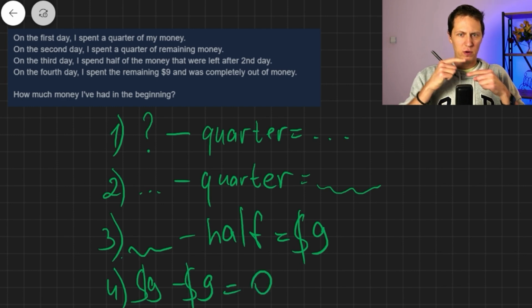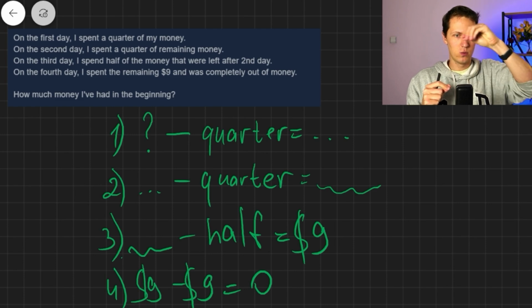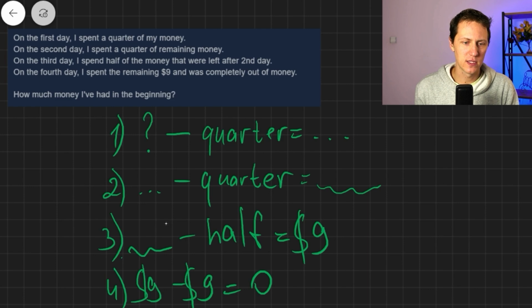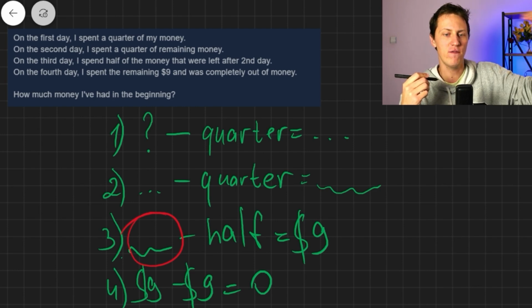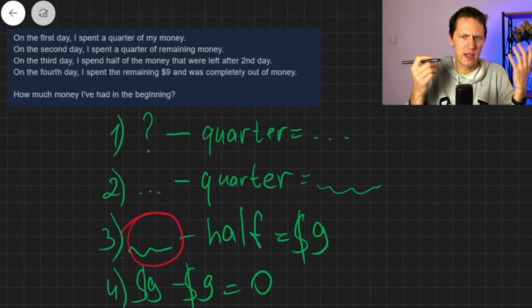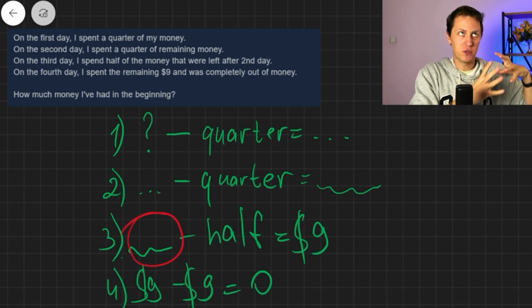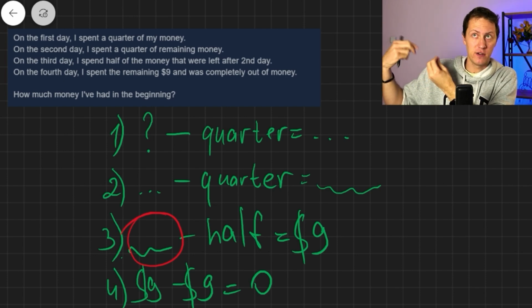We have to reverse the task and one by one figure out which numbers were there in the places that I skipped. So if we subtracted half and got 9 out of it, how much money did we have at the beginning of the third step? After we subtract half, we get $9. Before we subtracted half, we had some bigger sum, obviously. And when divided by 2, we subtracted half. So the remaining half is $9.